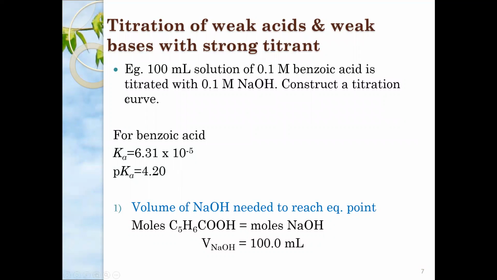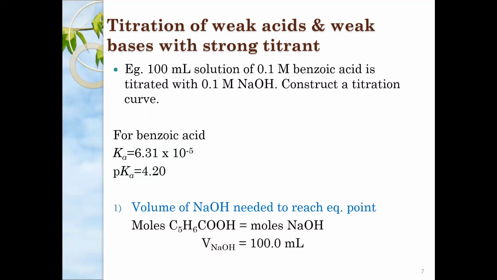Only for weak acid and weak base cases, you need the Ka or Kb value. To find pKa, you take the negative log of Ka. So Ka for benzoic acid is given here, 6.31 times 10 to the power of negative 5. So we take the negative log of this value, we get pKa. The first step is to find the equivalence volume.